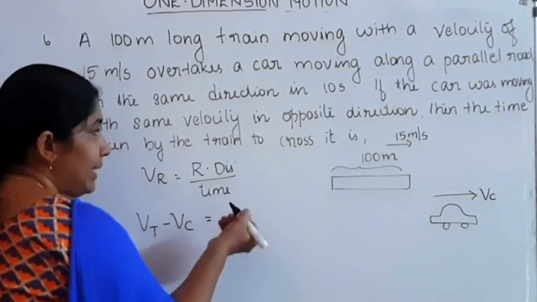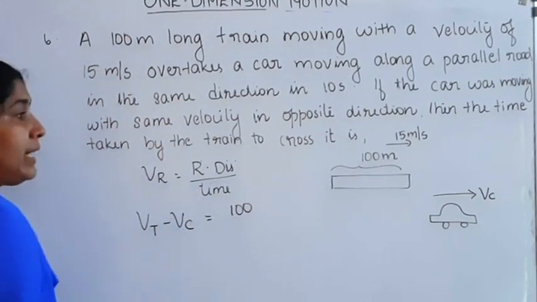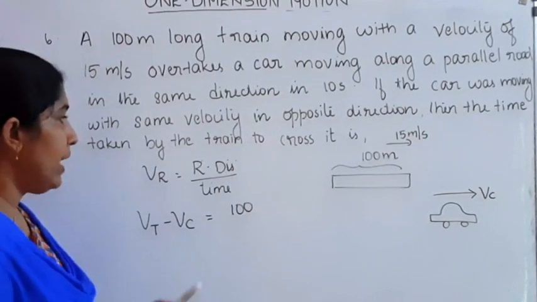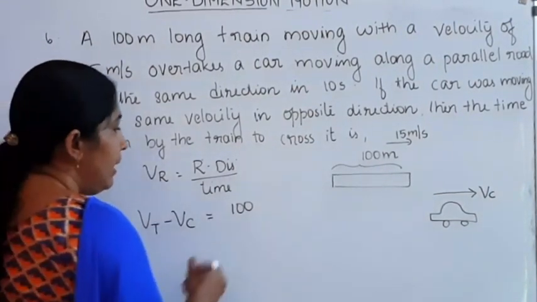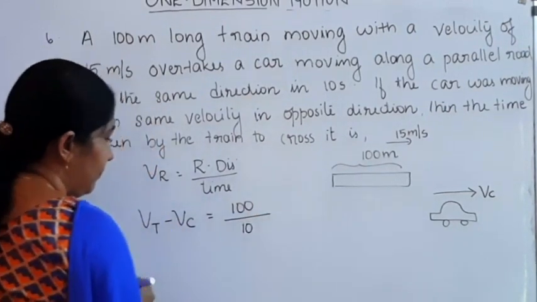That's equal to relative distance, 100 meter, since the size of the car is negligibly small compared with the length of the train, divided by time. Time t is equal to 10 seconds.